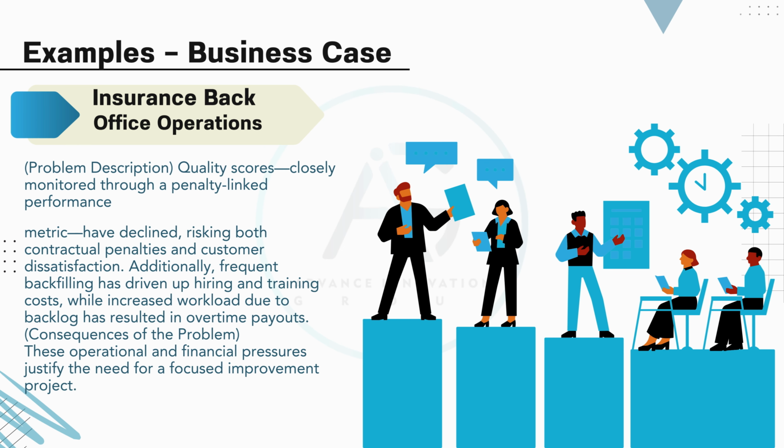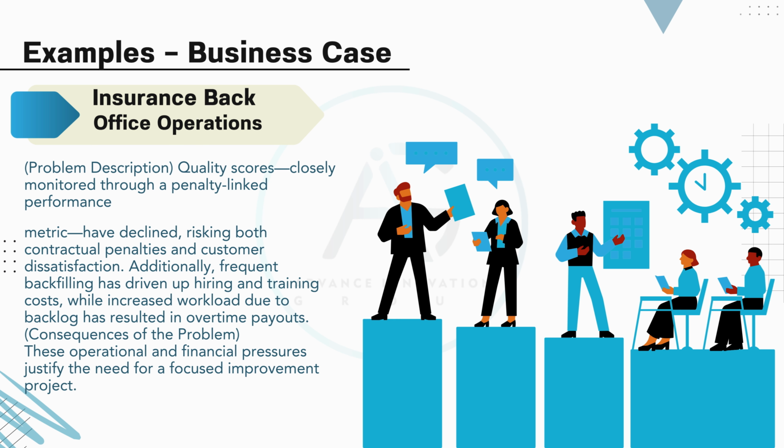This slide continues the example of insurance back-office operations by highlighting the declining quality scores, which are tied to performance penalties and risk customer dissatisfaction. Due to high attrition, the team is constantly backfilling roles, increasing hiring and training costs.